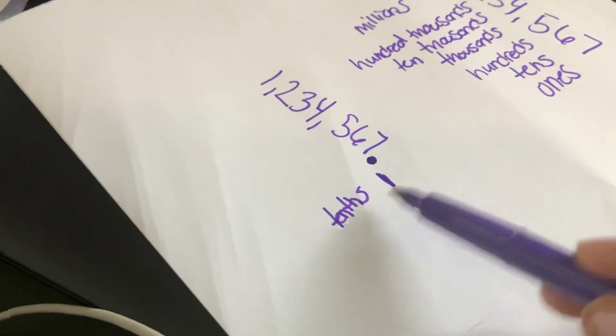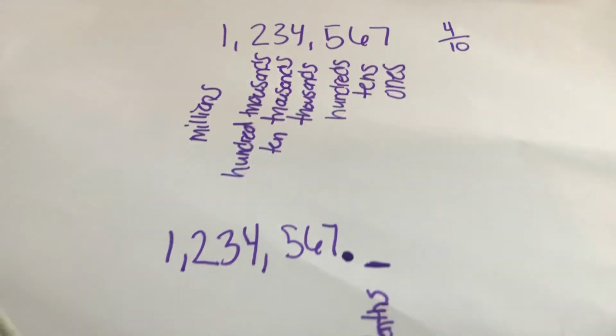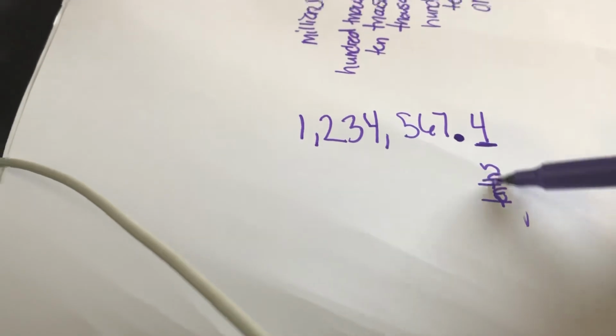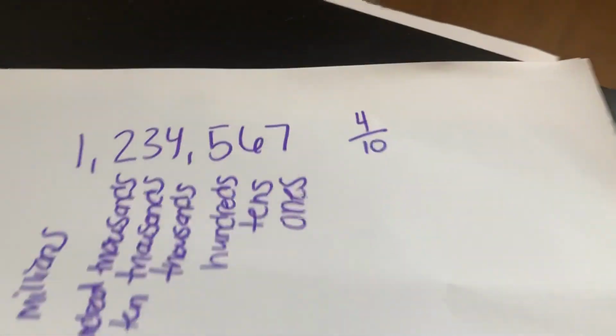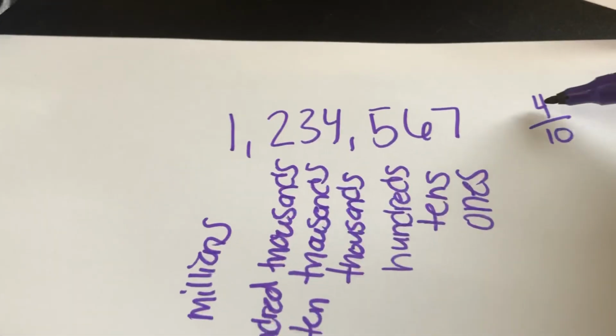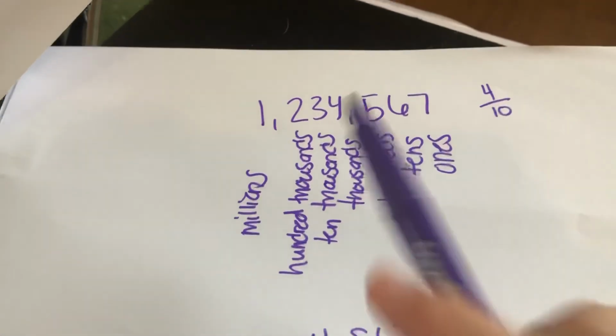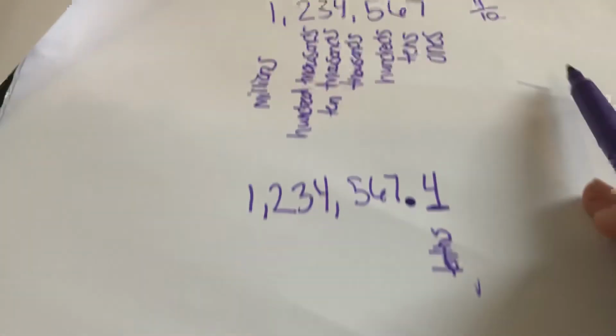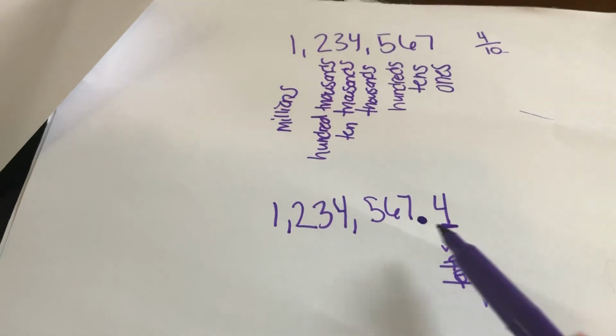So it has that TH at the end. So that represents a fraction. So we can put a 4 right here, and that is 4 tenths, which is the same thing as the fraction 4 tenths. So we can write it like this, or we can write it like that, and that's a decimal.